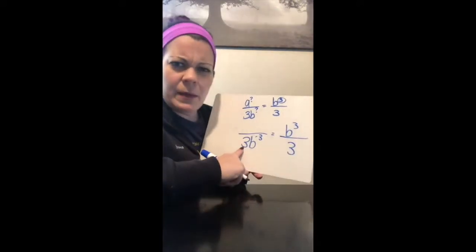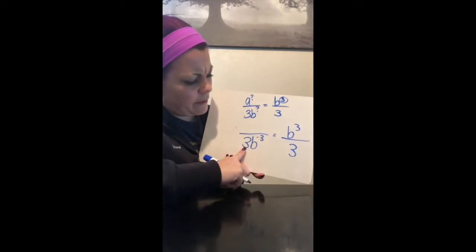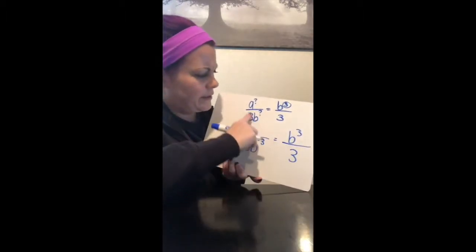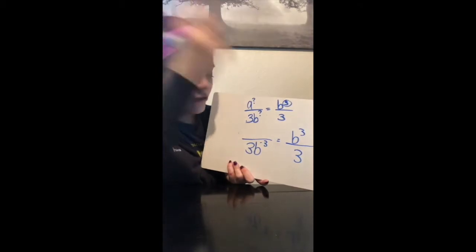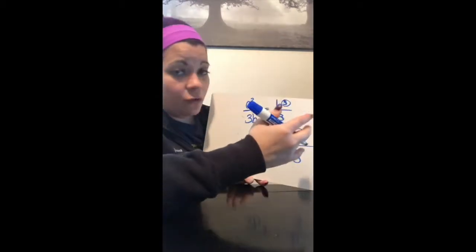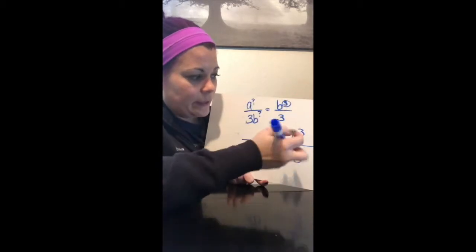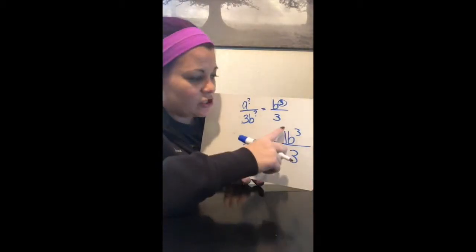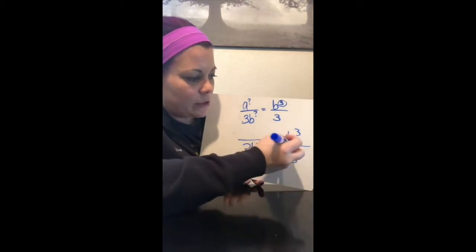But then we're like, well, how did this 3 stay on the bottom here, but the a was gone? There's no a in my final answer. Well, a to the what power would give you 1? Because technically there's a 1 right here in front of that b, but we just don't ever write it because it's always understood.